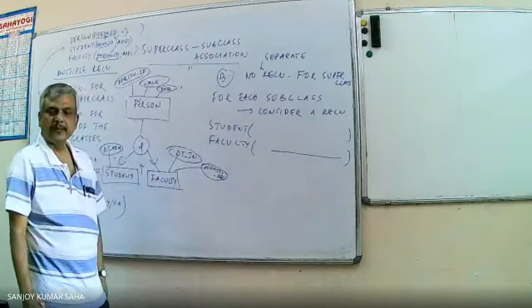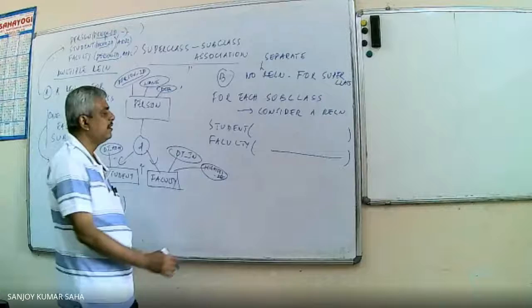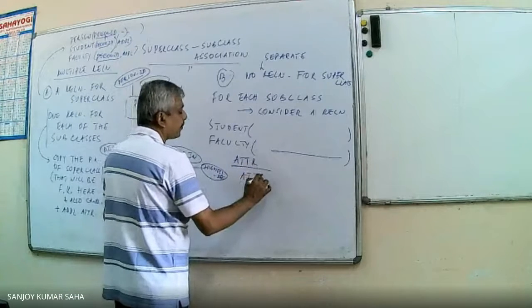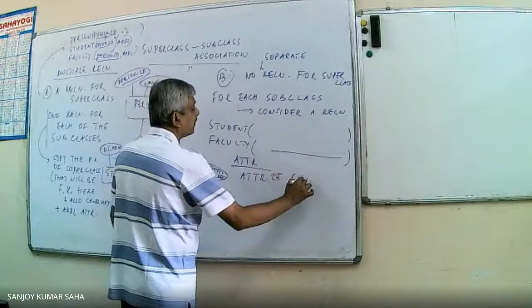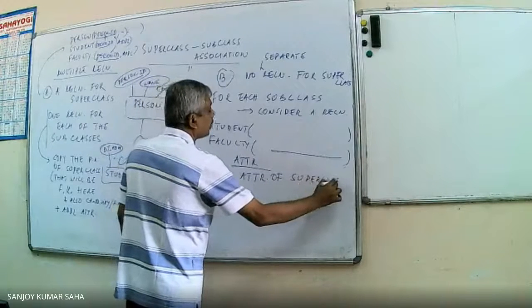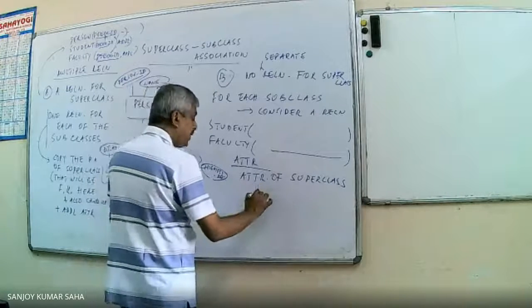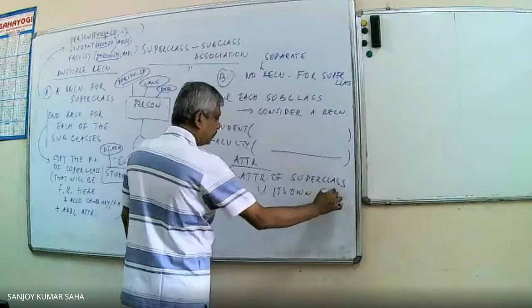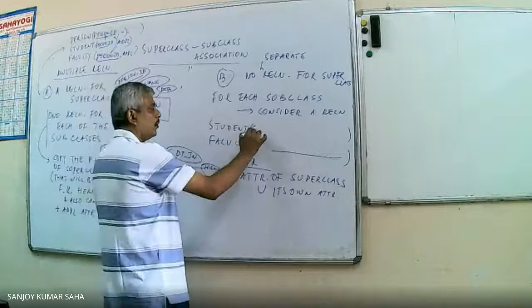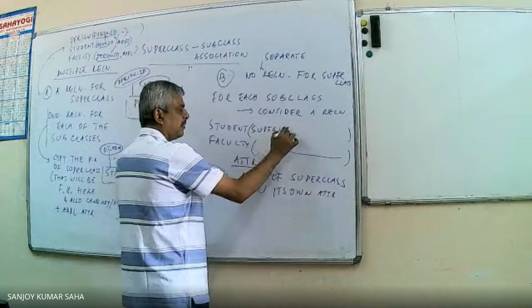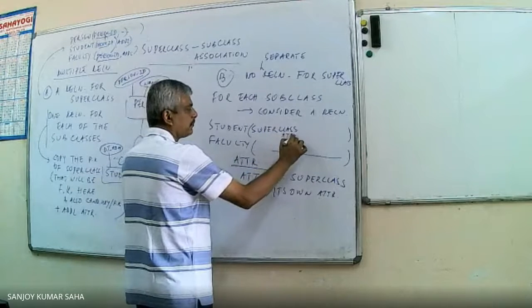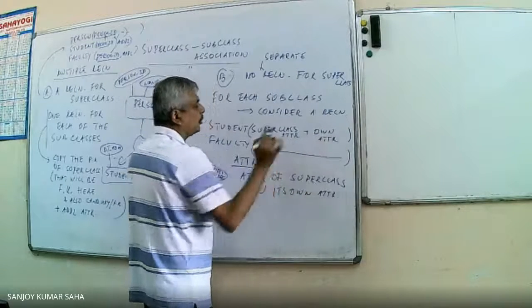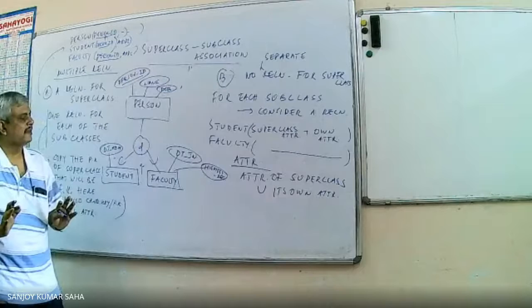What will be the attributes of the subclass relation? Attributes will be the attributes of the superclass. So all the superclass attributes we have to consider here, union its own attributes. So superclass attributes plus own attributes. The superclass primary key will become the primary key here. So it will be like this.